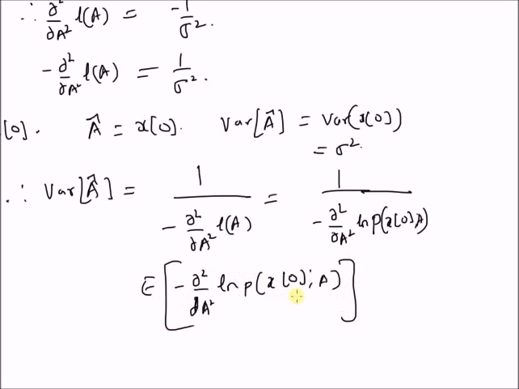And obviously the expectation is with respect to the probability distribution of x[0]. And we will see that in the Cramer-Rao bound this term will be the denominator of the bound on the variance. Thanks for watching.